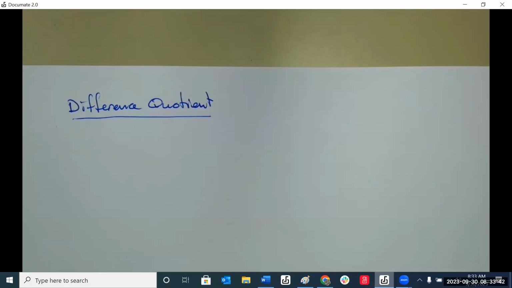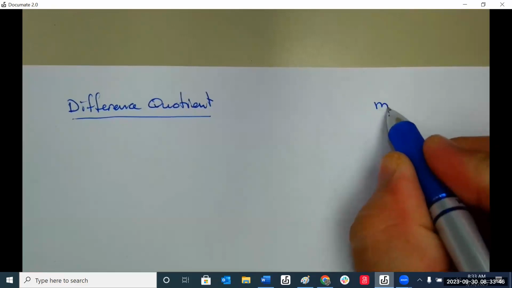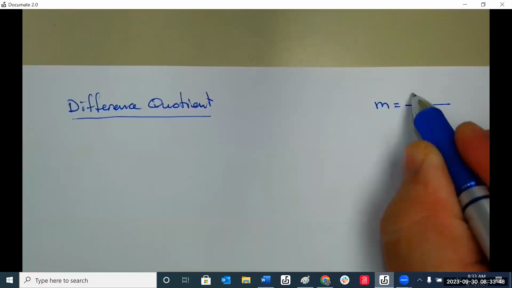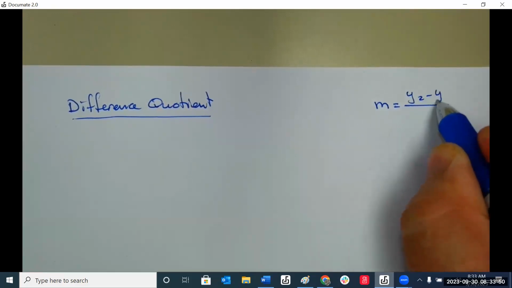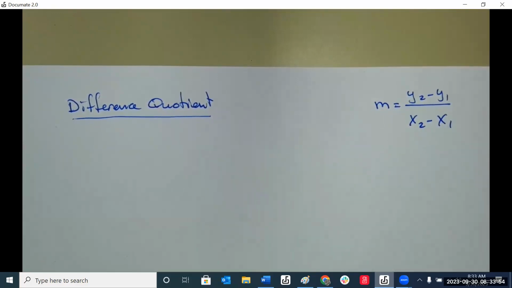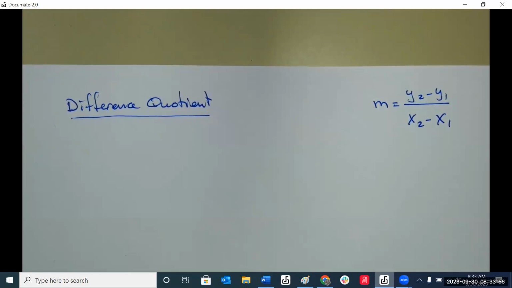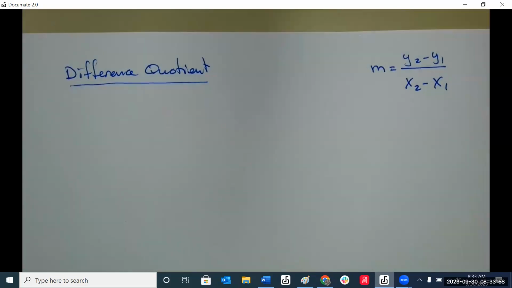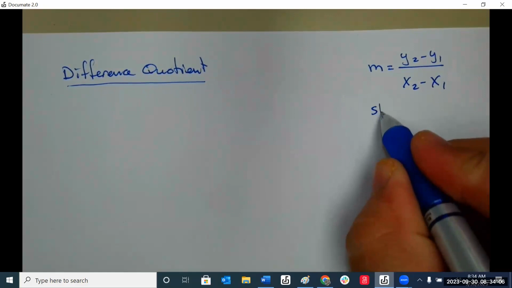In chapter 1, we learned the formula for a slope: y2 minus y1 over x2 minus x1. That's a slope of what? Slope of a line. Very good. This is a slope of a line.